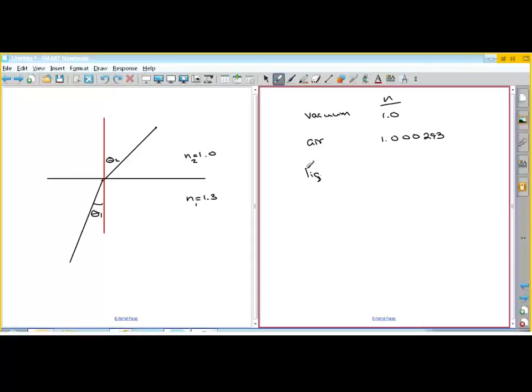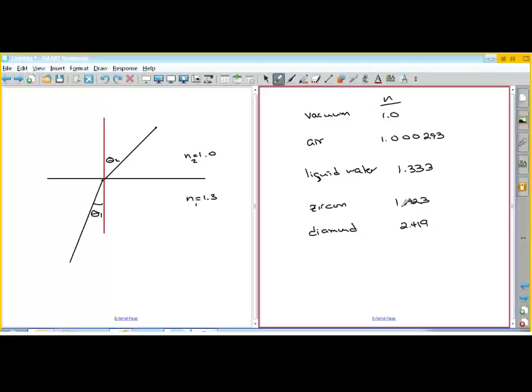Then you have liquid water. It has an index of refraction of 1.333. And then you have zircon. Its index is 1.923. And you have a diamond, which is 2.419. So the light bends considerably.